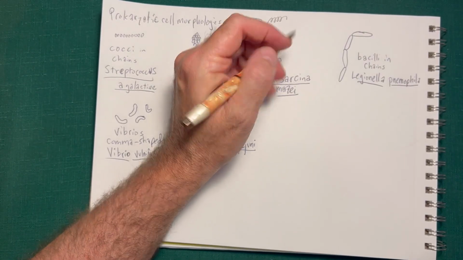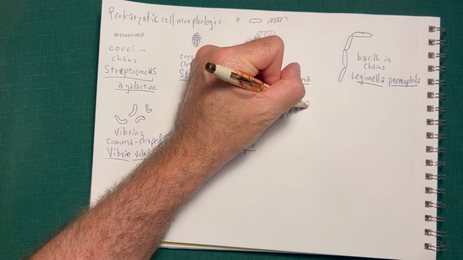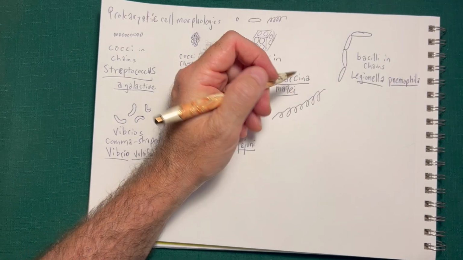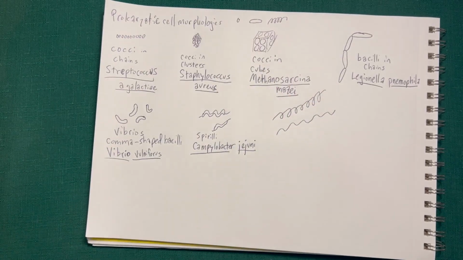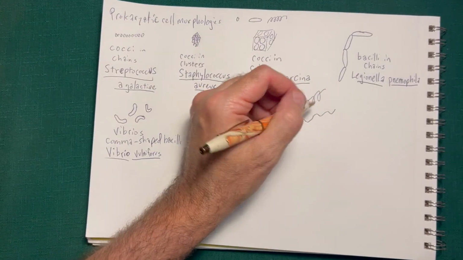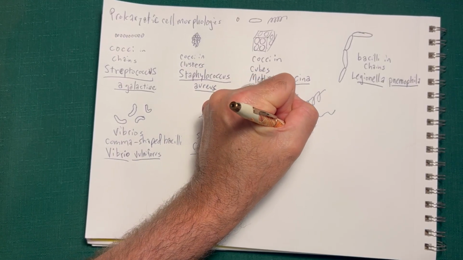Now, there's also other kind of corkscrew-shaped bacteria out there, and ones that are kind of more elongate and kind of wriggly. These are called spirochetes.